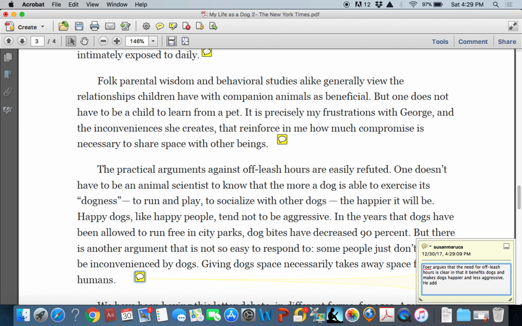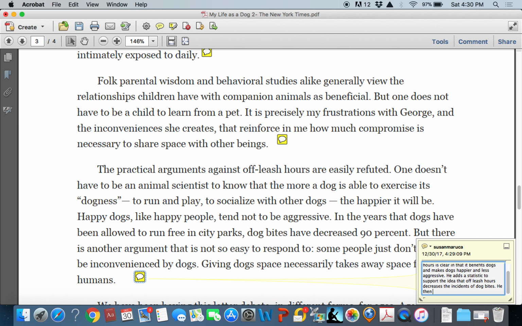He adds a statistic to support the idea that off-leash hours decrease the incidence of dog bites.